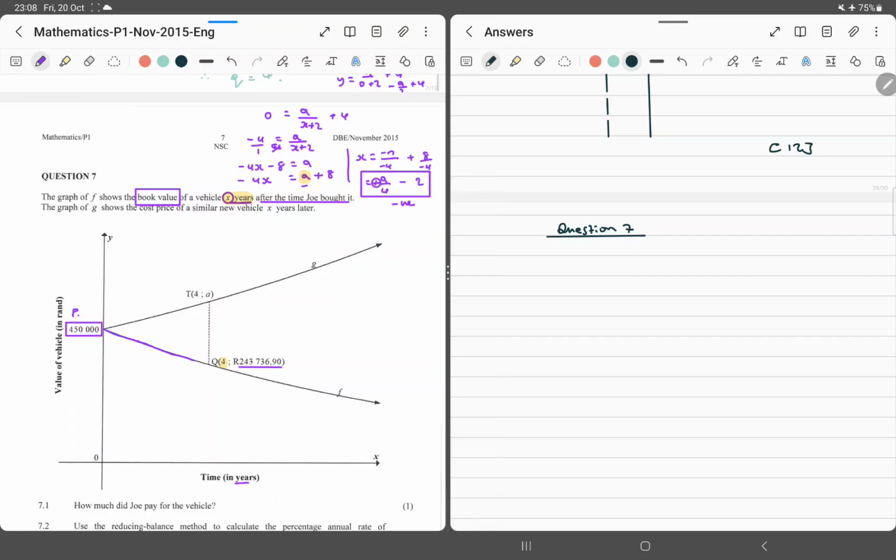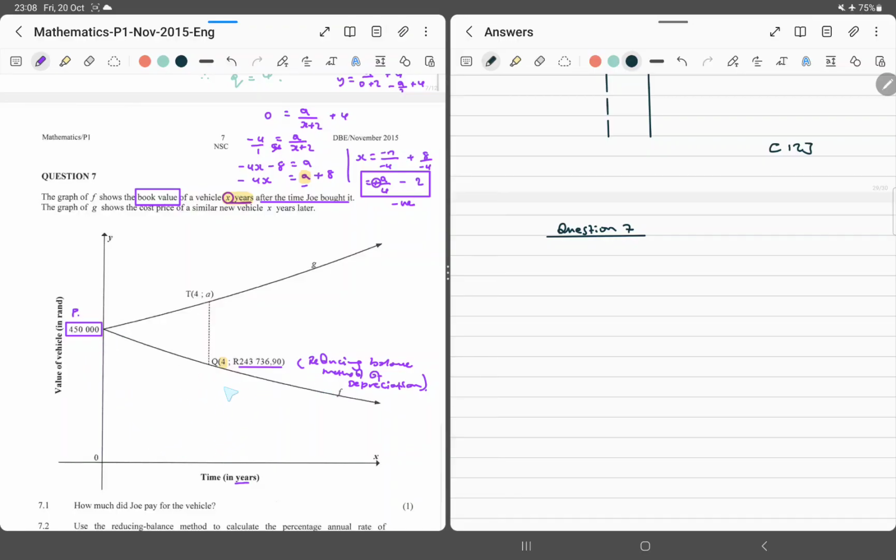Let's test it out. It's not a straight line. So this is actually hyperbolic or parabolic, however you want to look at it, or exponential. But it's a decreasing function. So this is basically using the reducing balance method of depreciation. So that is very fancy, no?